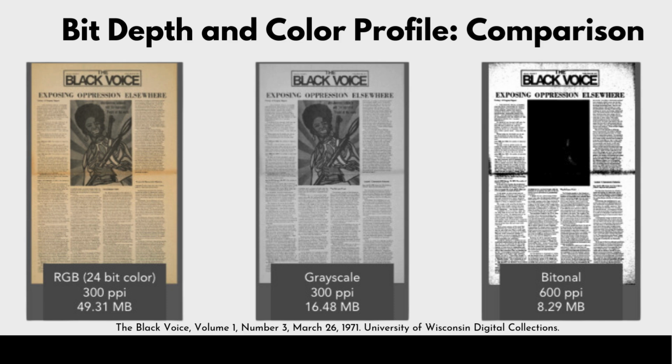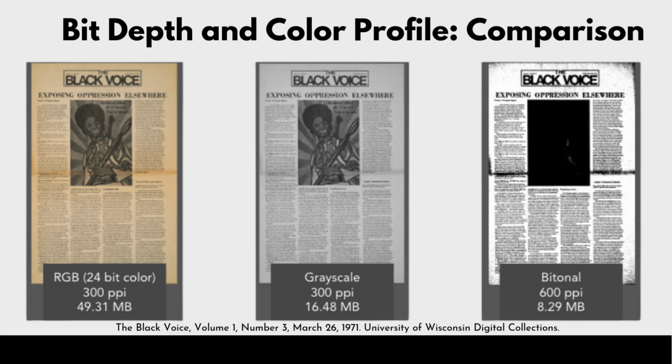If the fully authentic rendering is what's important for your digitization project, like in this example, you can see the fold in the newspaper, the artwork is super clear, the edges of the paper are really clear, the fact that it's kind of yellowed, you can tell. Those are things that all get captured when you use the most color available, but it also takes up almost 50 megabytes of space. And that's just for one page.